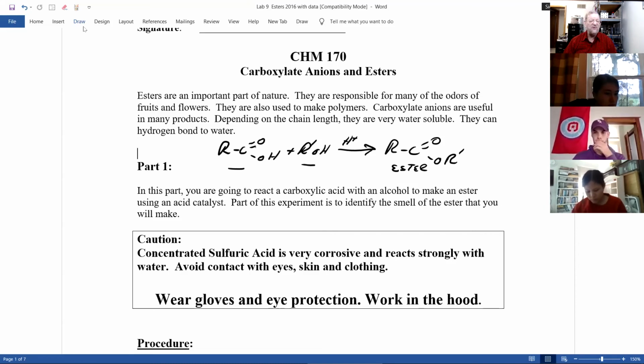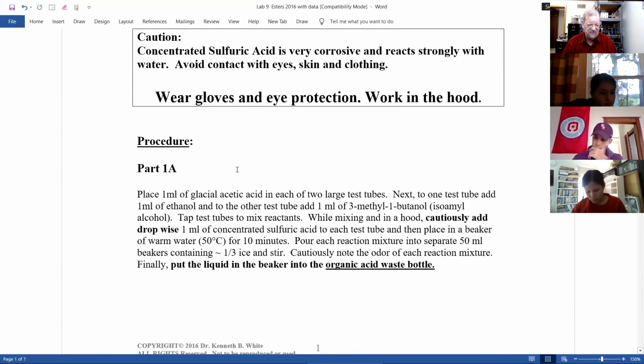And what you'll do, if you were face-to-face, you'd be making esters. Now, in the first one, part A, you're going to make 2 different esters. Oh, by the way, it's totally permitted to laugh hard at my artwork.